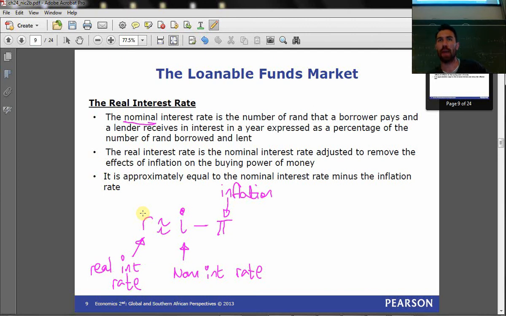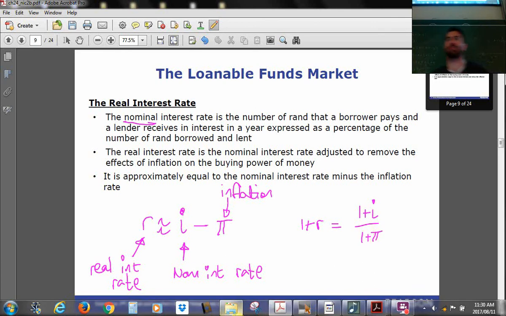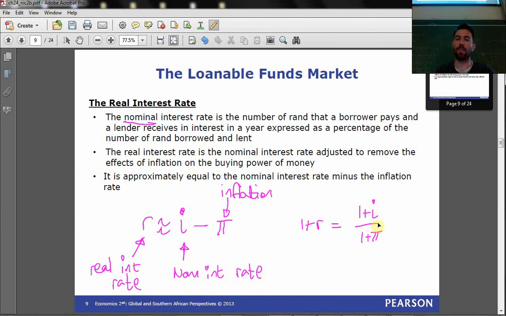That's the proper equation: 1 plus R is equal to 1 plus I divided by 1 plus pi. But we can approximate this equation using this equation here.